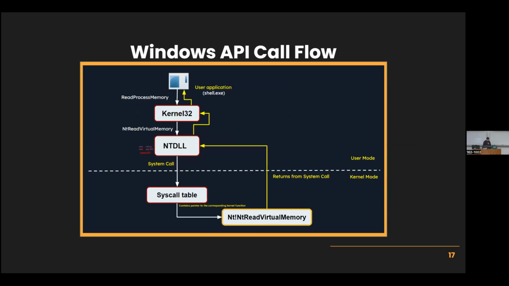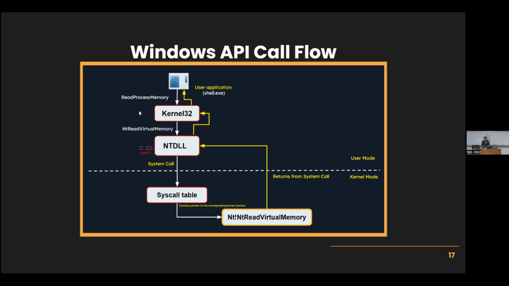And then kind of adding on to that, this is somewhat of a deeper overview, the same type as the slide before. This is our user application. We call these Windows API. This one in particular is ReadProcessMemory. From there, ReadProcessMemory is stored in this DLL.